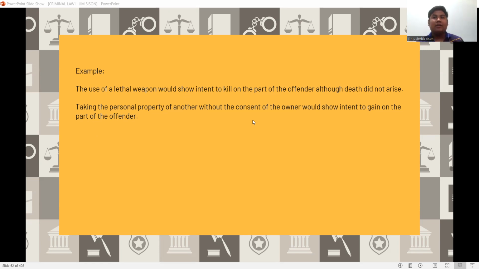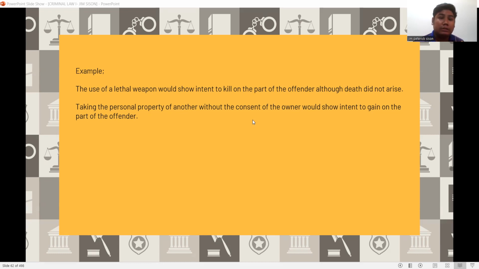If you use a lethal weapon, such as a gun or a knife, okay, there is a presumption of intent to kill. Okay? Even if no one died. So it can become an attempted or frustrated case of homicide or murder.